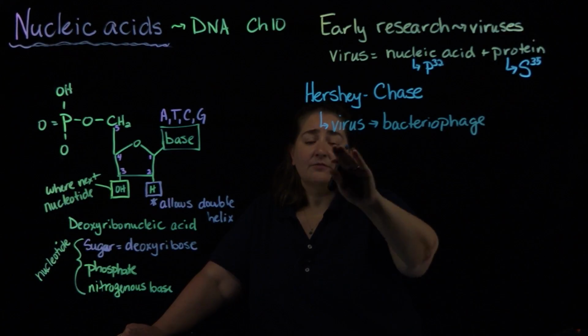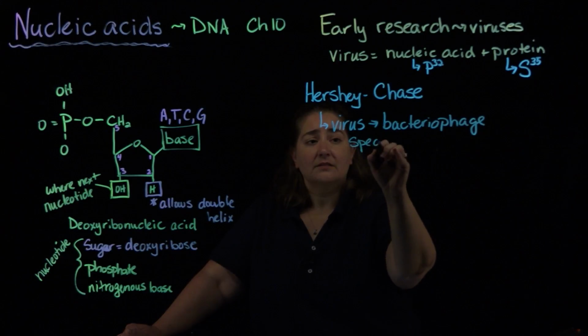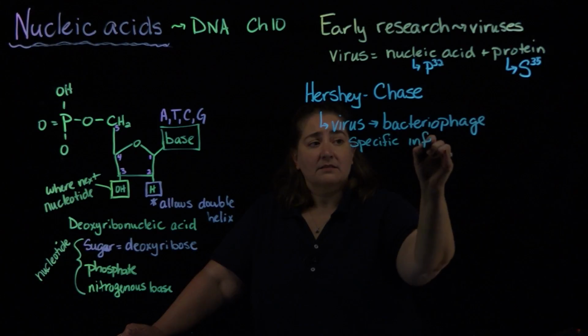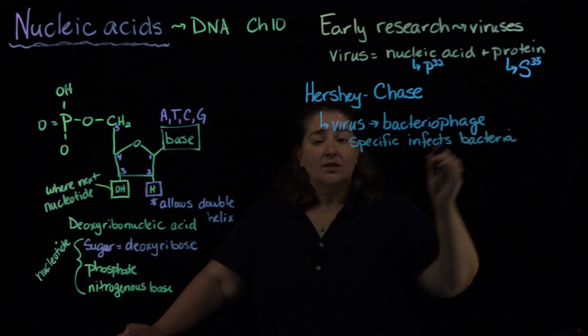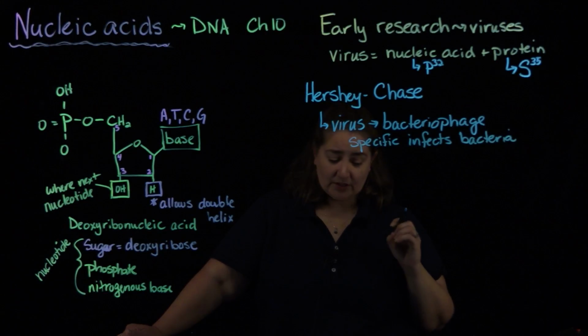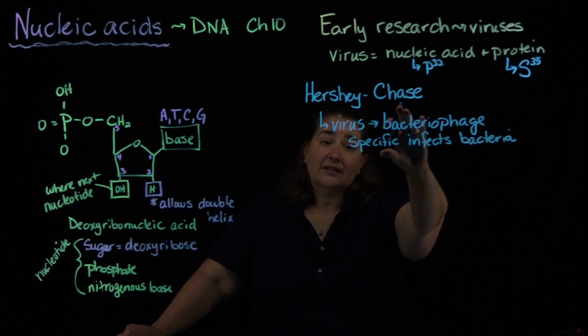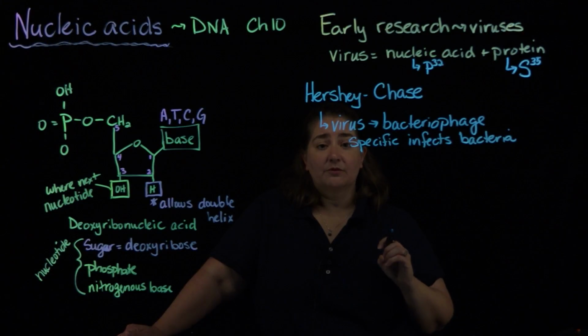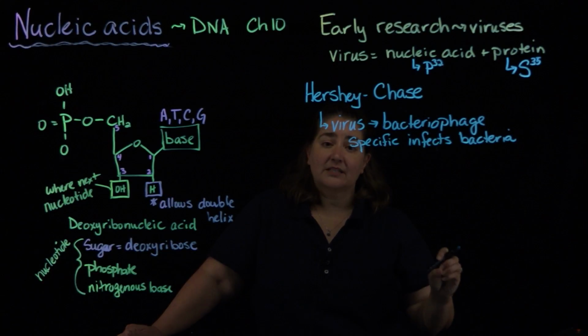And you'll learn more about bacteriophage in microbiology, but a bacteriophage is a virus that specifically infects bacteria. So what Hershey and Chase did with their experiment, they radioactively labeled the bacteriophage with P32, or they radioactively labeled the bacteriophage with S35. They then used those radioactively labeled bacteriophage to infect bacteria.